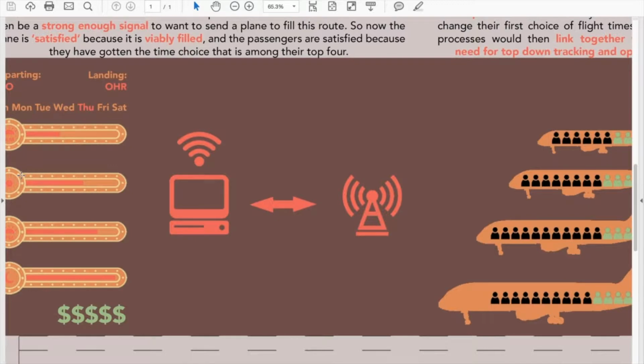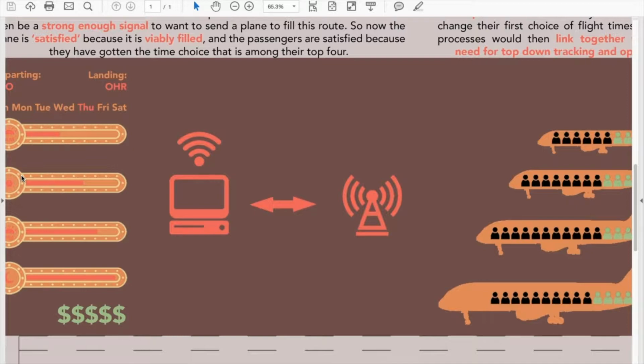Once they input this information, they're entered into a queue where they are held until the flight they want to be on reaches a minimum viability. Minimum viability in this case is where the airplane has enough people on it to make money.